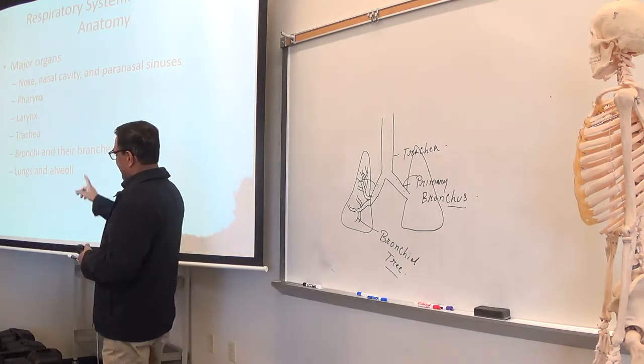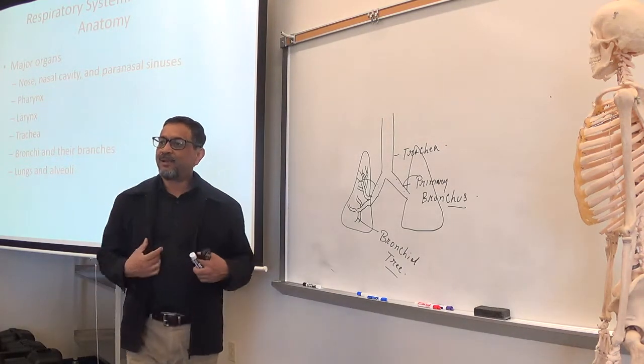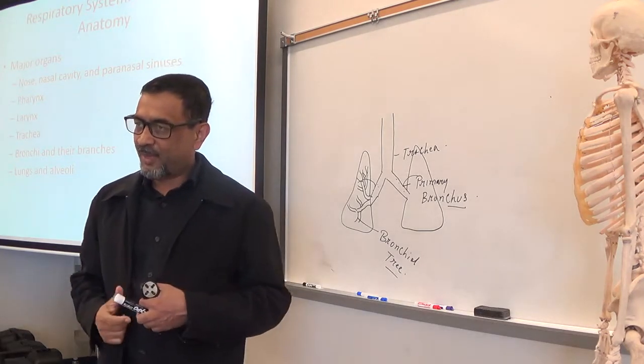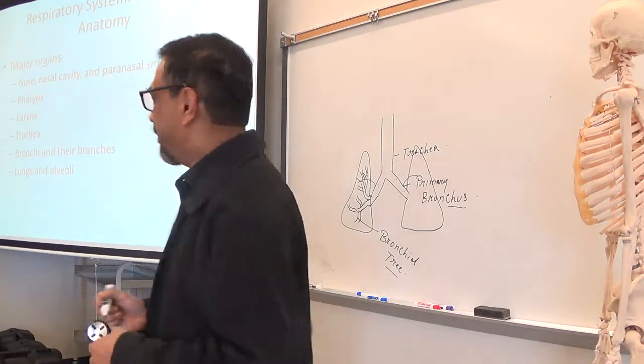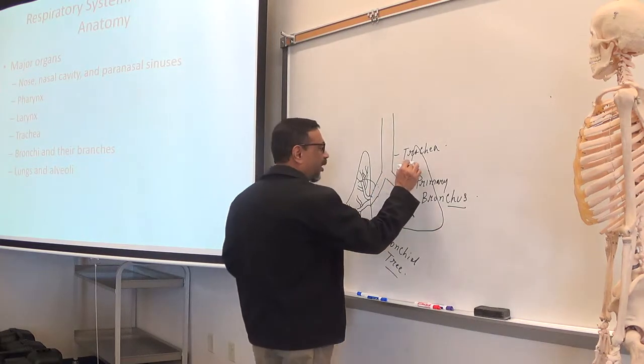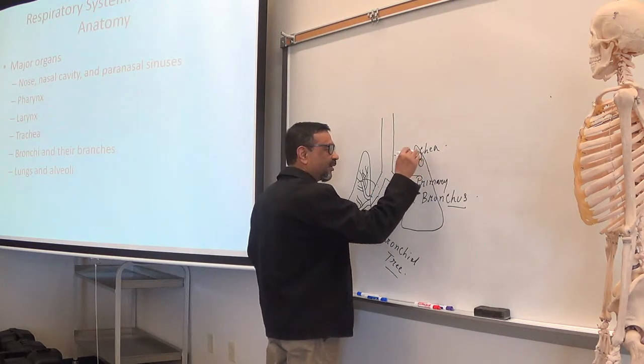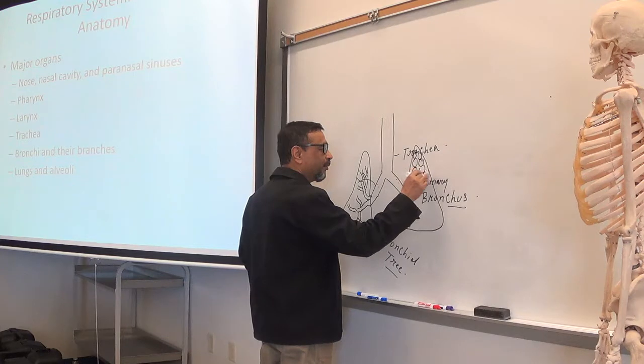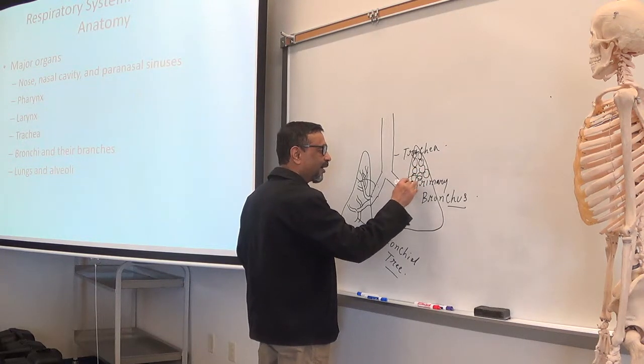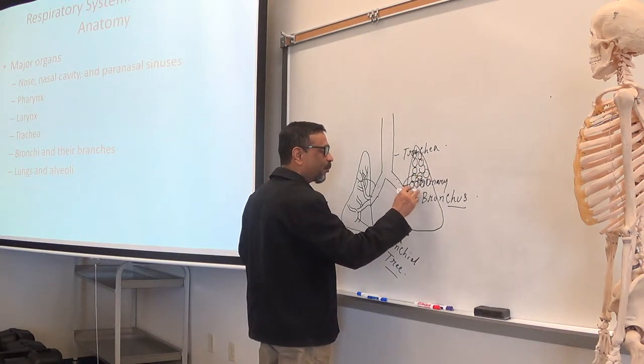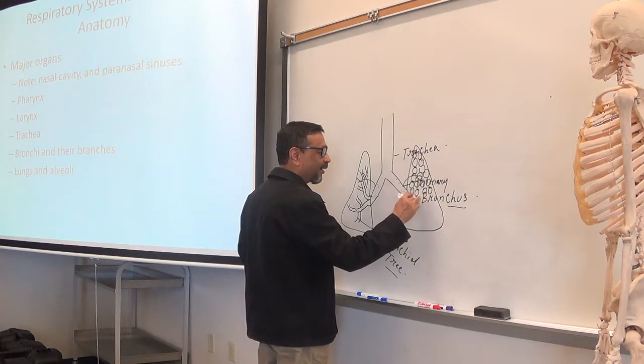And then lungs are the last organs. And the lungs are filled with many tiny balls, air balls. Those are called alveoli. In one lung, you have about 1.5 million alveoli.